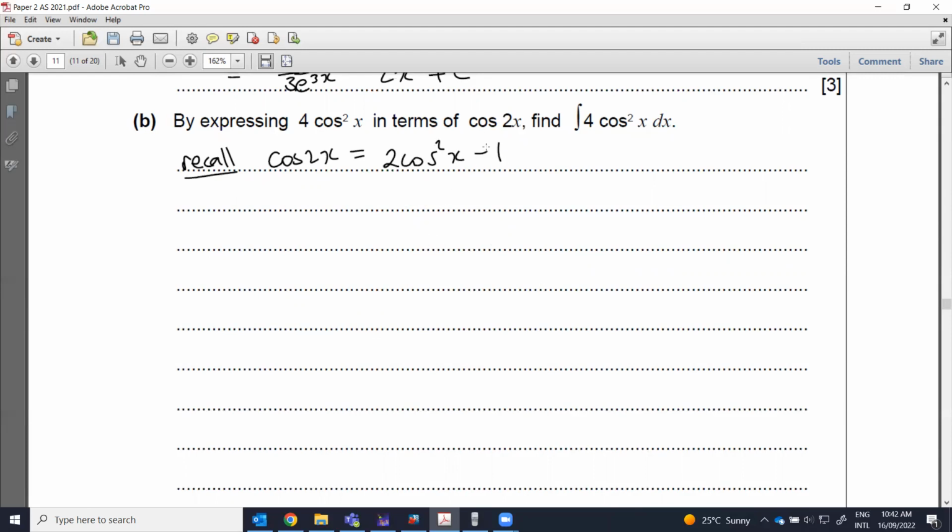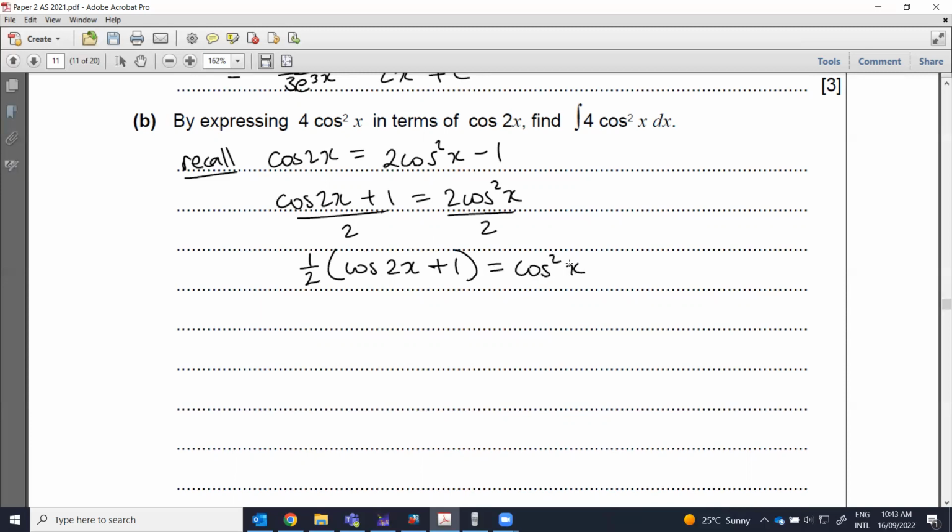So I can take this minus 1 to the other side. So I have cos 2x plus 1 is equal to 2 cos squared x. And then I can divide by 2 on both sides. So I have a half cos 2x, so here I'm taking cos of 2x, the brackets are not really needed, plus 1. This is equal to cos squared x.